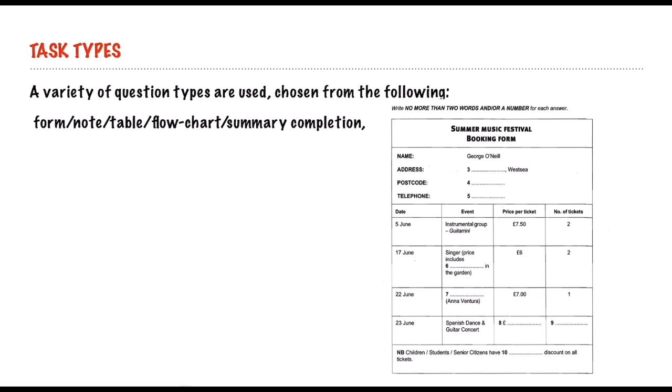A flowchart would summarize a process which has clear stages. You need to be very careful as the number of words or numbers are always stated. You will be penalized for writing more than the stated number of words. And the test taker should always check for word limits.